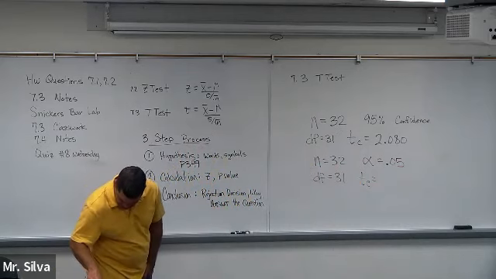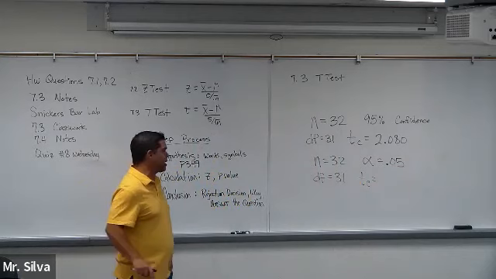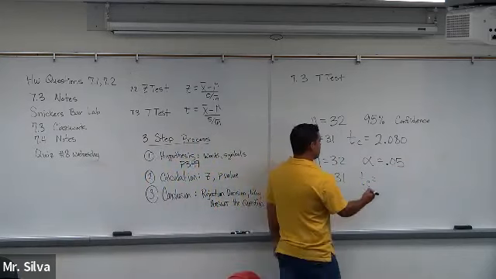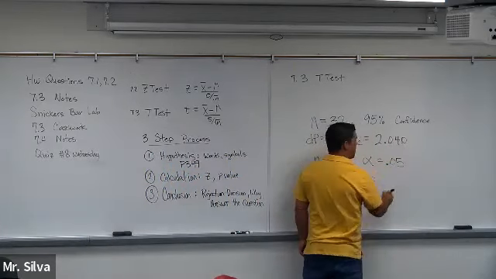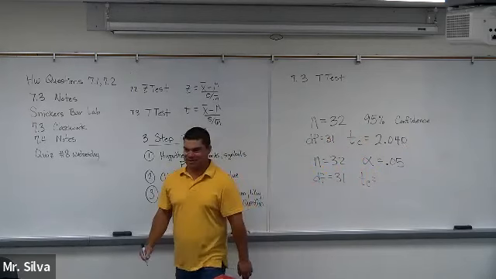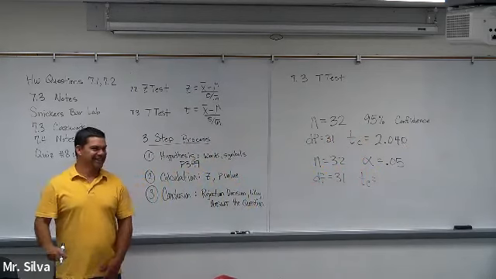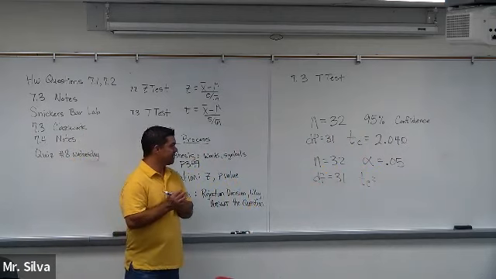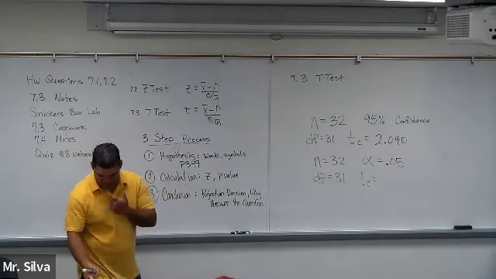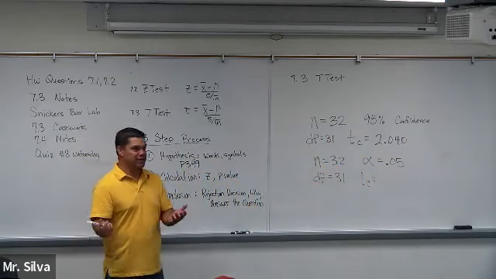Where did I find 2.08? I don't even know. Oh, I looked at 21. Thank you. 2.040. Everybody's looking at me like I'm crazy. Nobody said anything. All right. 2.040. Thank you. I used 21. If you looked at 21, you see 2.08.